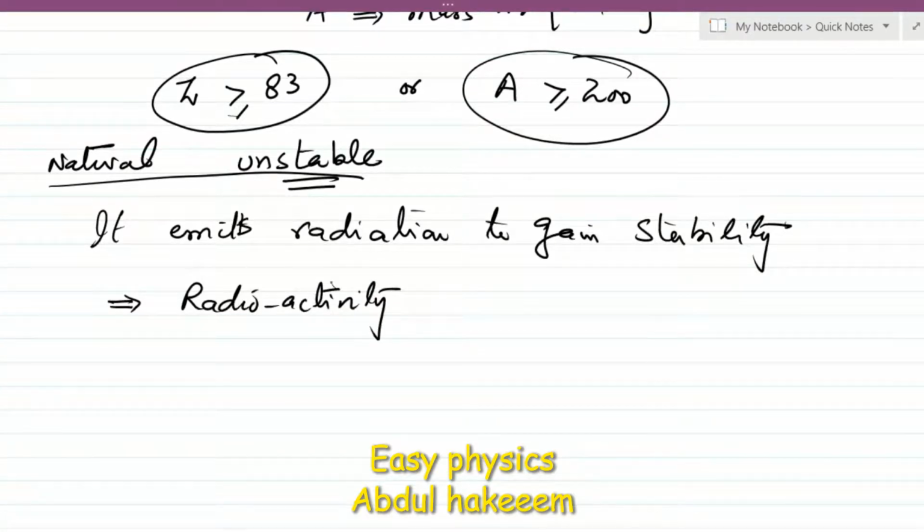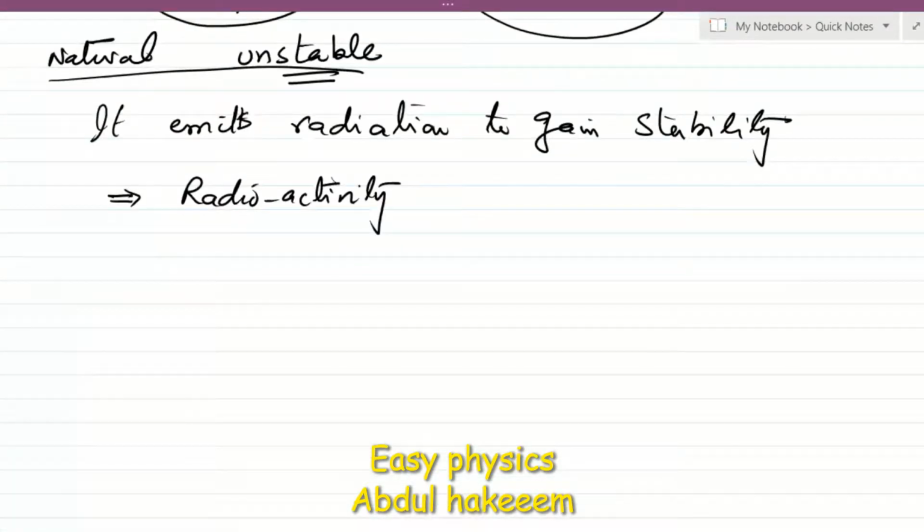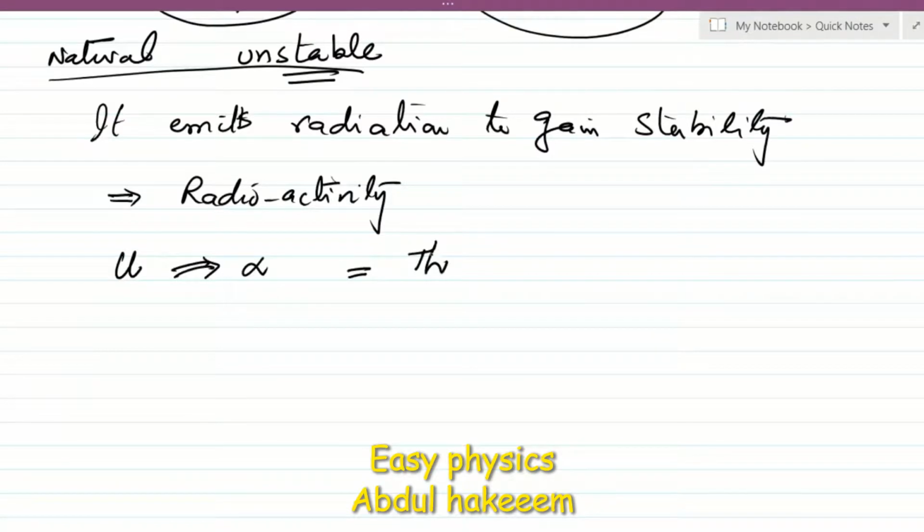And this process is called radioactive decay. So when radiation is emitted, for example, uranium is naturally unstable, it is emitting alpha, so it is converted into thorium.